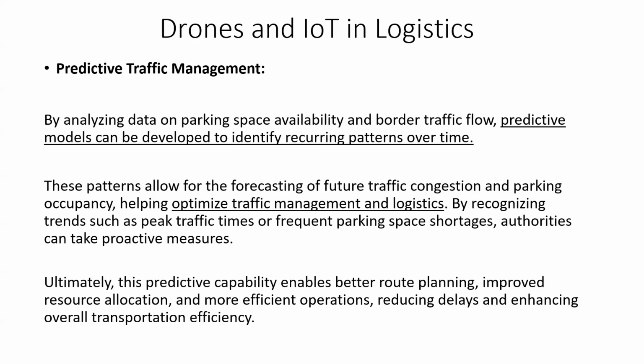And by recognizing all the trends, such as peak traffic times or frequent parking space shortages, authorities can take proactive measures. And ultimately, this predictive capability enables for the end user better route planning, improved resource allocation, and enhancing the overall transportation efficiency.